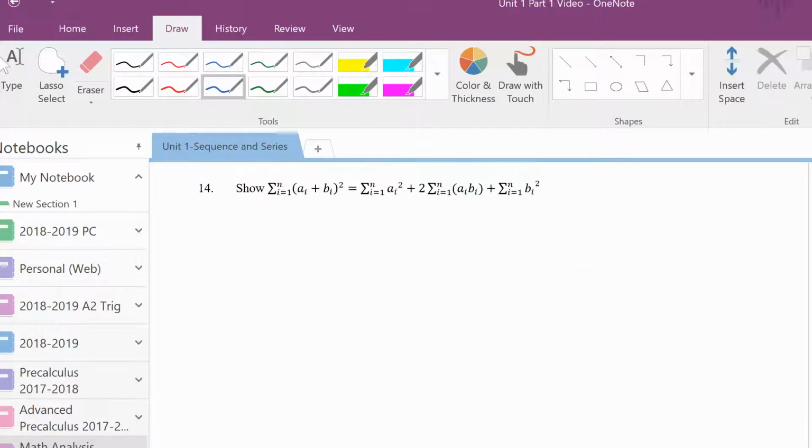So 14, this is an algebraic proof. You want to show that the left-hand side is equal to the right. So think of this in terms of what the sum is equal to.